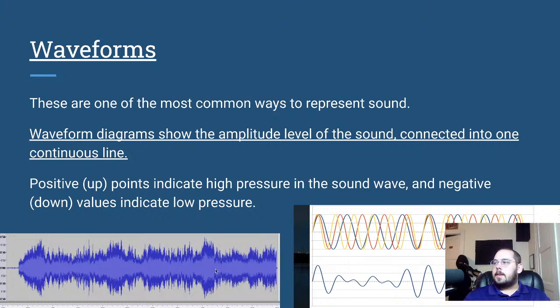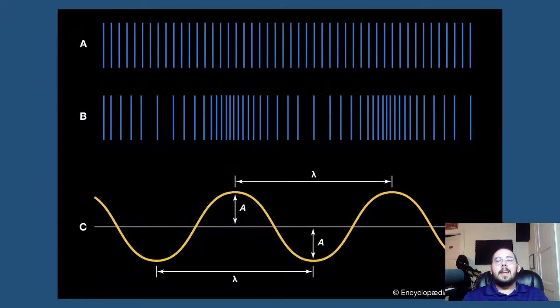The higher on the graph is the higher pressure, where all the molecules are closer together. The lower values are where they're farther apart. It's just one continuous line to represent the sound. Here's this diagram again to illustrate that: high pressure, high point on the graph, and one whole wavelength of the wave.